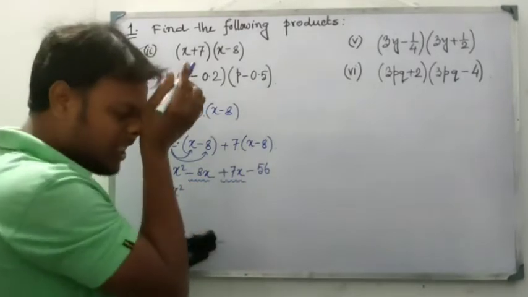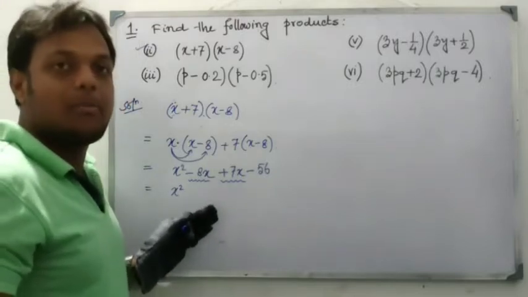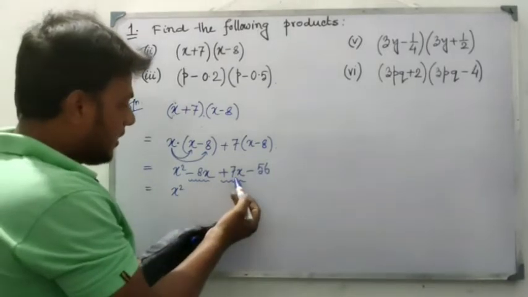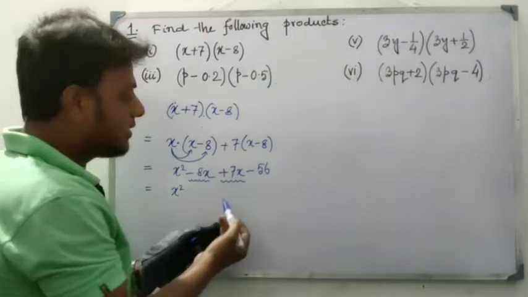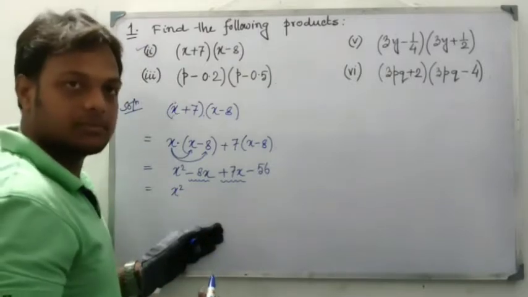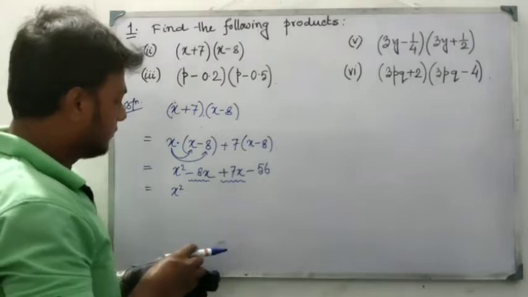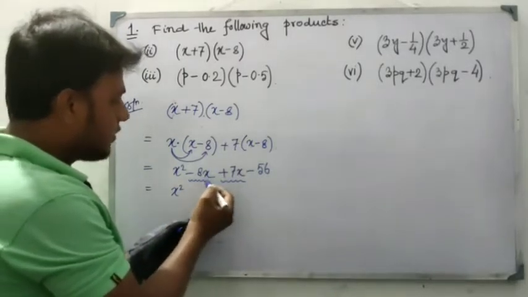These two are like terms. Like term means what? The terms having the same algebraic part. Like 7x: 7 is called the integer part and x is called the algebraic part. Since these two have opposite signs, you have to subtract.